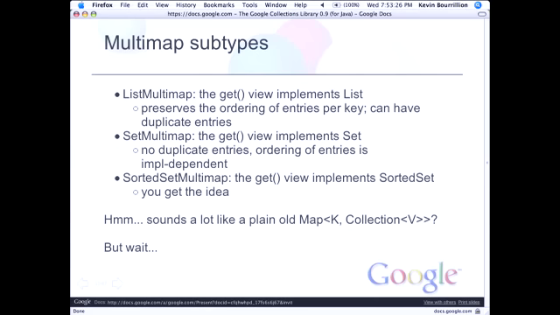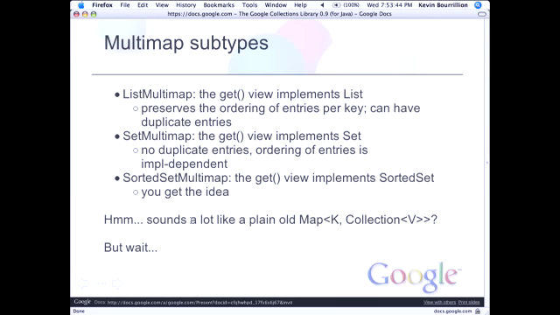So you get the behaviors that this implies. For example, in a set multimap, you're never going to have duplicate entries, because then the value collection corresponding to a key would not be a set anymore. So we have list multimap, set multimap, and sorted set multimap. And there could be others.